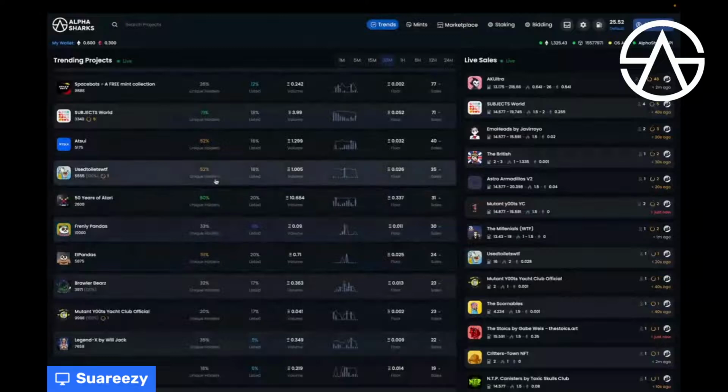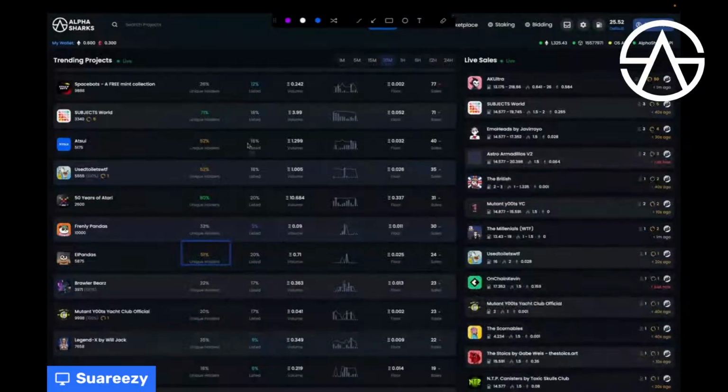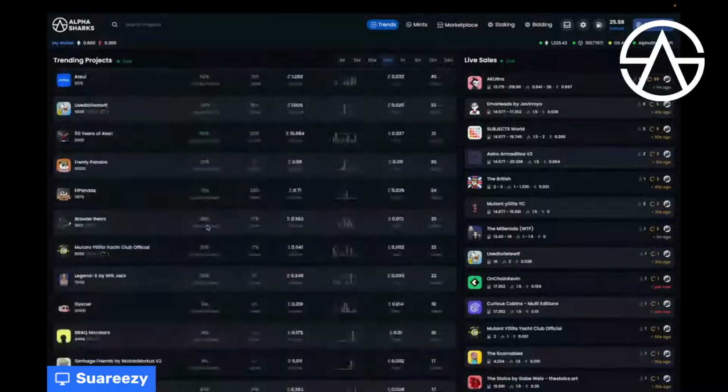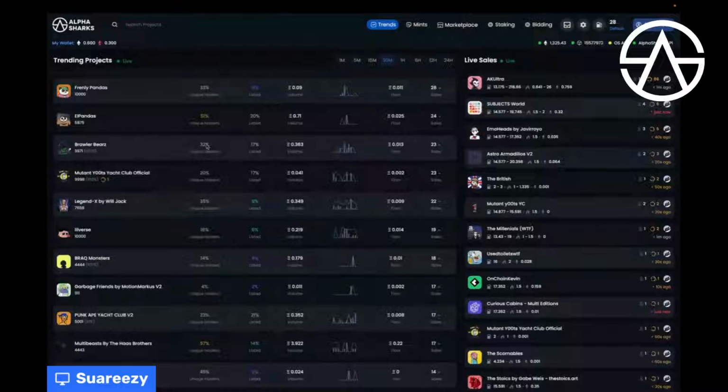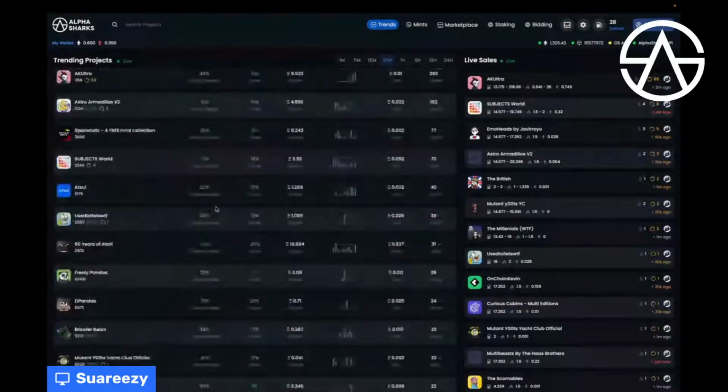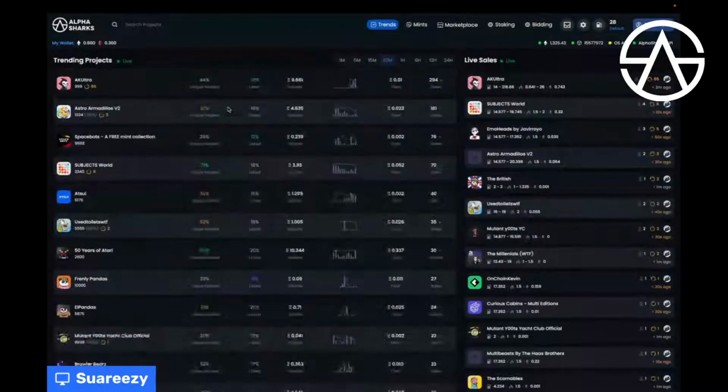Holding over 50% of unique holders is going to show us the orange breakdown as well. And anything below that is going to give us our gray indication, which is again saying that our walls are going to be a little thicker to get through because there are more people who likely hold more of the NFT. So that's a quick breakdown on the color coding of the trending page.